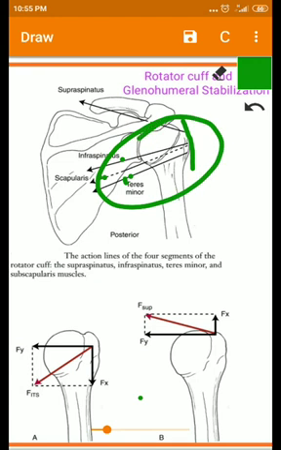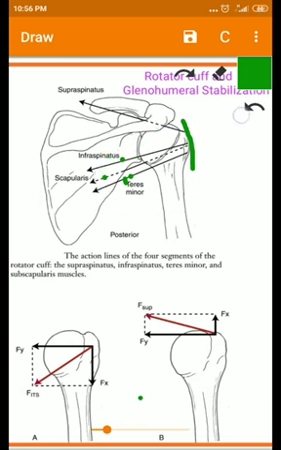Okay, so this force couple helps in the perfect rotation of the humeral head around a relatively stable axis of rotation with minimal translations.